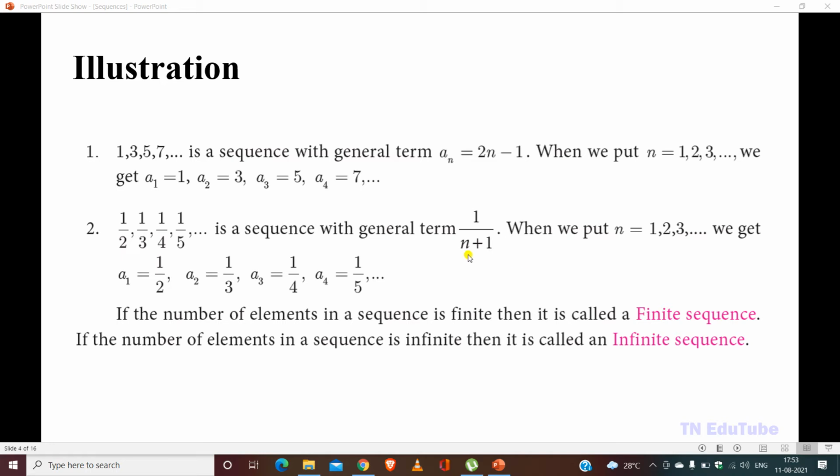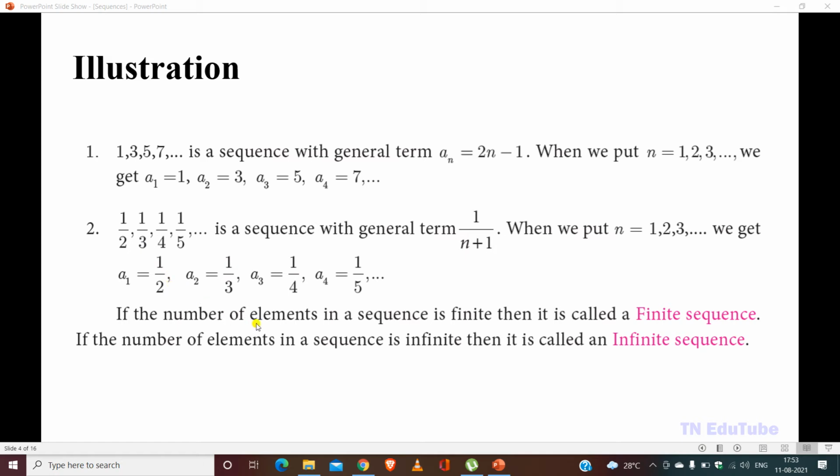When you put n equal to 1, you get 1 by 2. N equal to 2, you get 2 plus 1, 3. N equal to 3 means you get 3 plus 1, 4. Again, n equal to 4 means you get 4 plus 1, 5. So all the terms you get in the sequence.